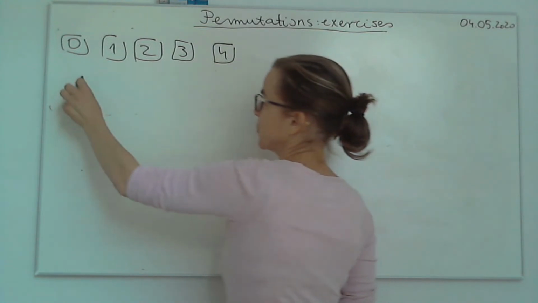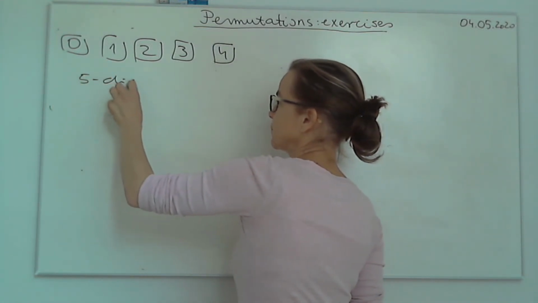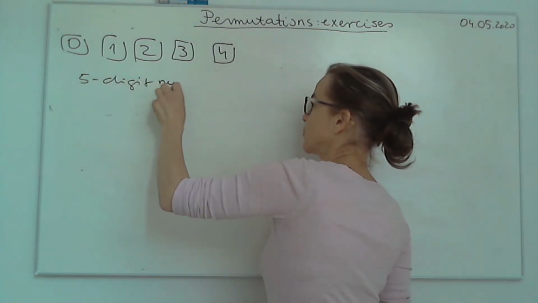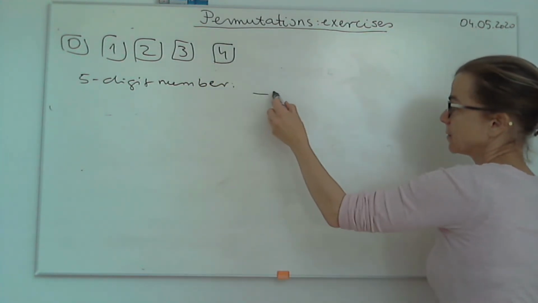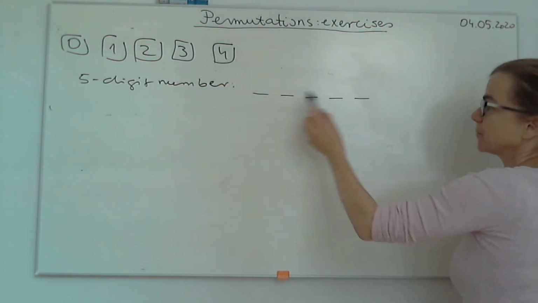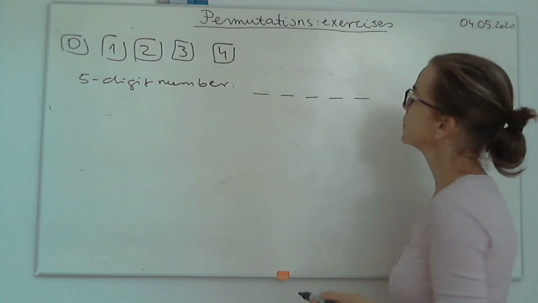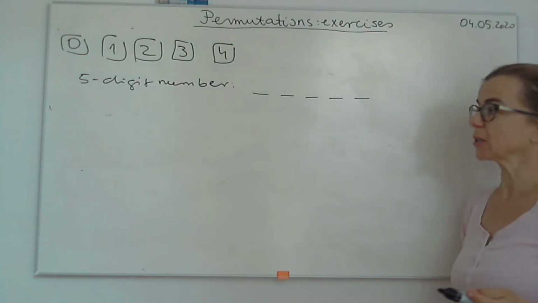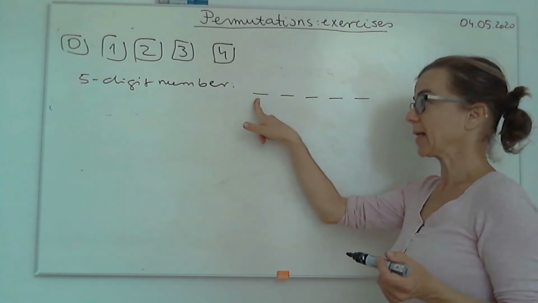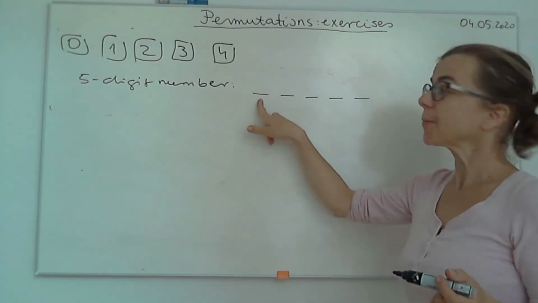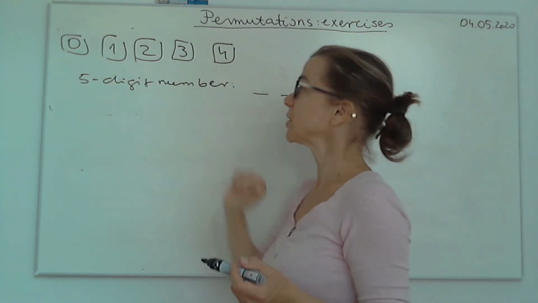Since it's a 5-digit number, therefore, you have to make sure that the first digit is not 0. Since this is an important condition, because then it wouldn't be a 5-digit number, you have to start with that consideration. So how many numbers can you put in the first slot?